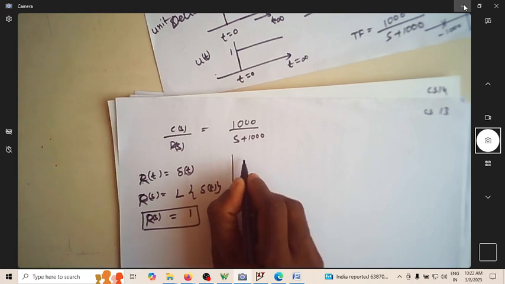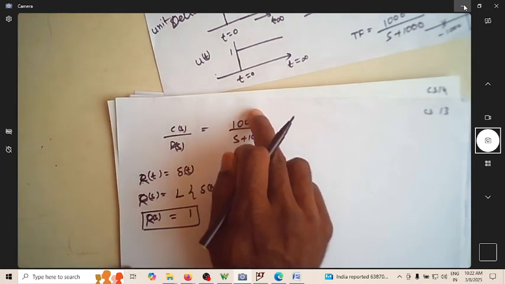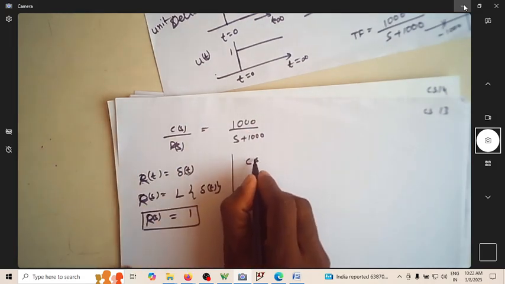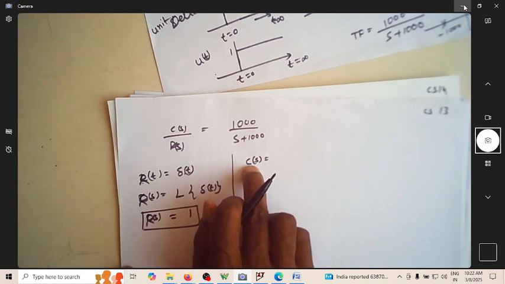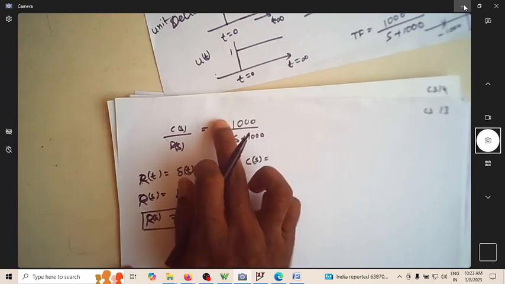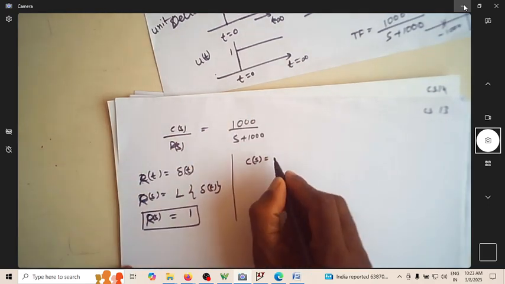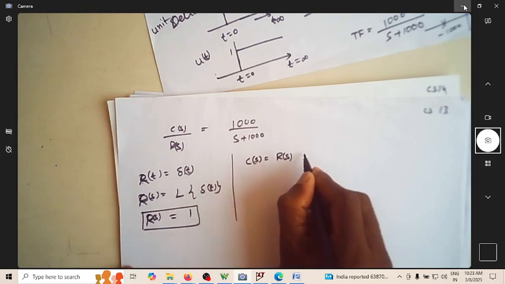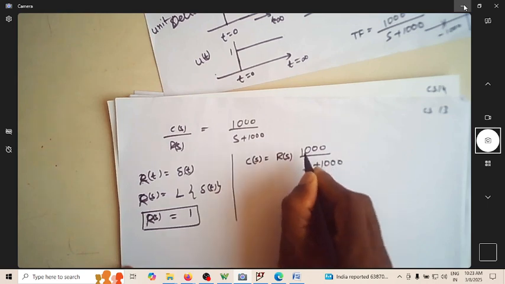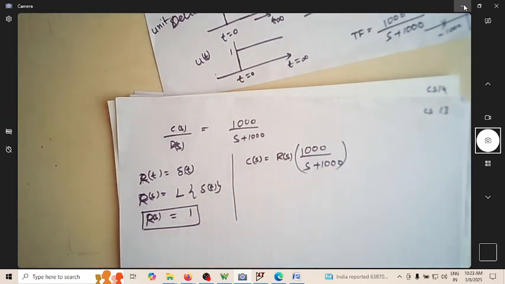So what do we want now? I want to know, for this transfer function, what is the output? C of s is the Laplace of the output for this transfer function with this input. So shall I write it as R of s into 1000 by s plus 1000? Can I do this?